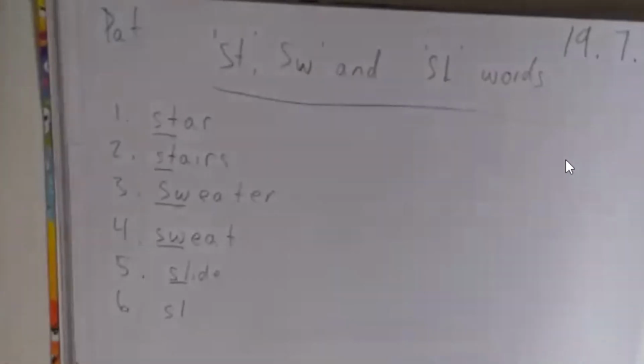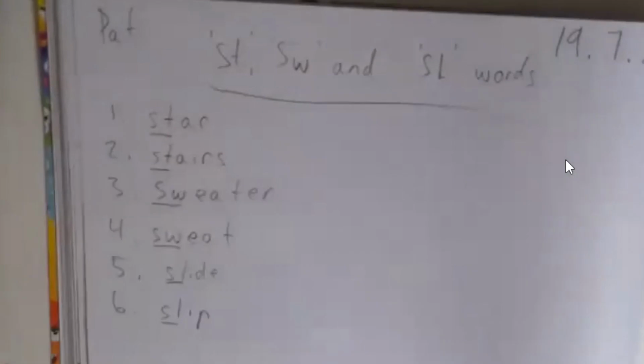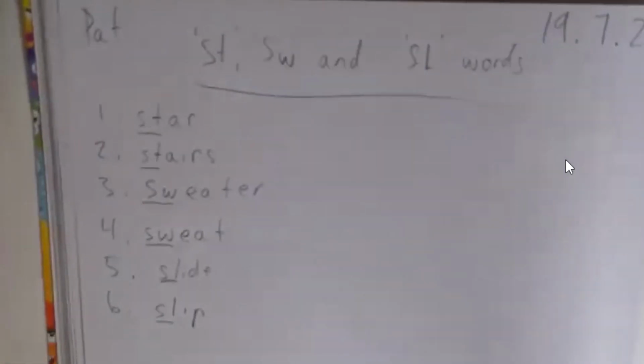Maybe it's wet on the ground, and maybe you slip. S-L-I-P. So there you go. So there's our words. We've got star, stairs, sweater, sweat, slide, and slip.